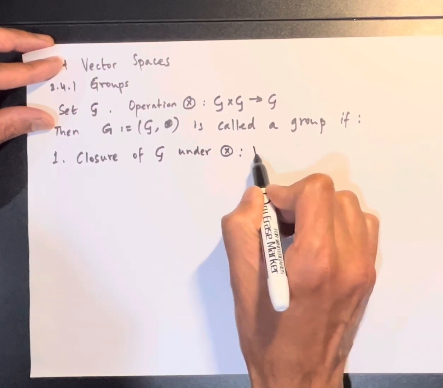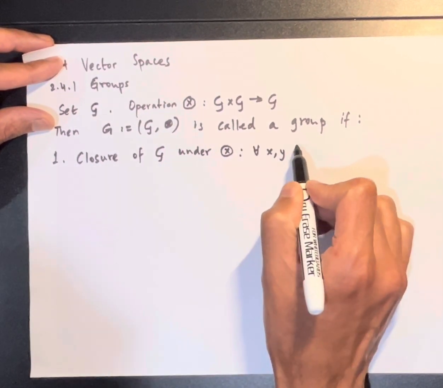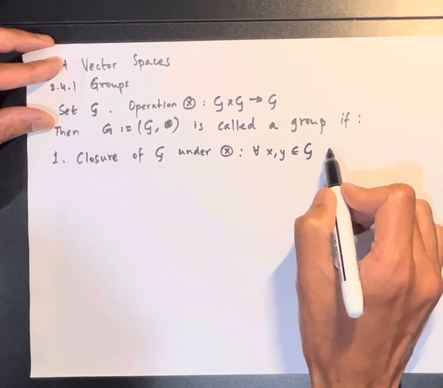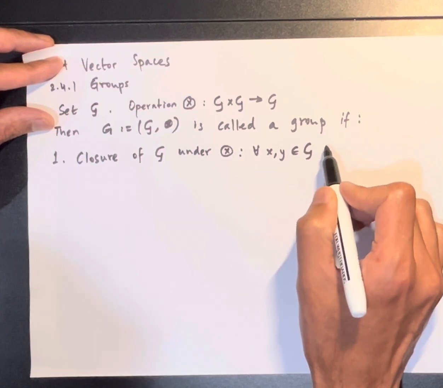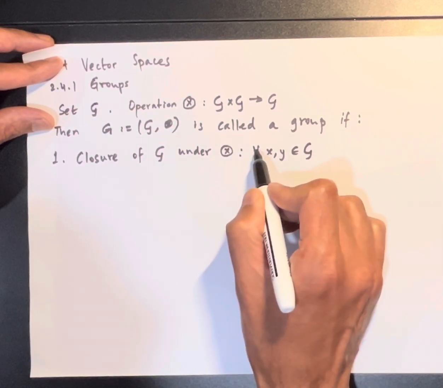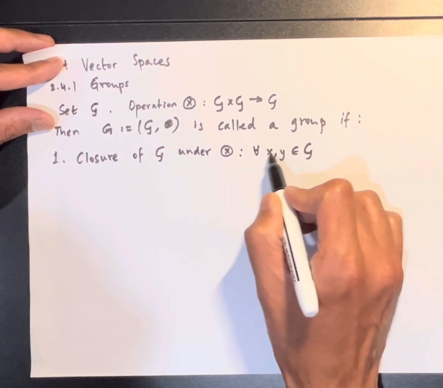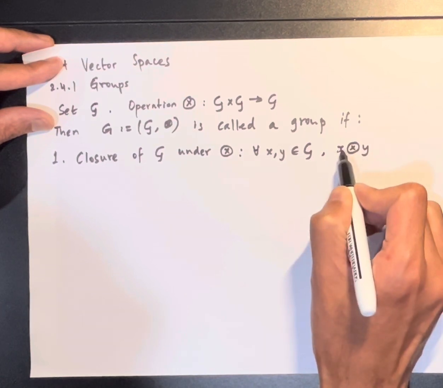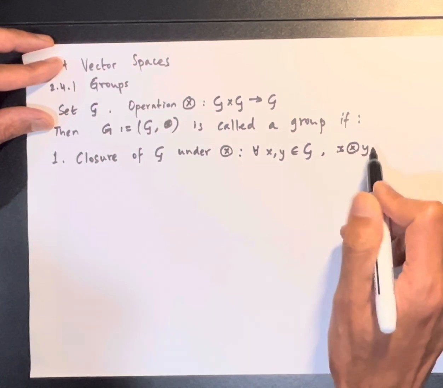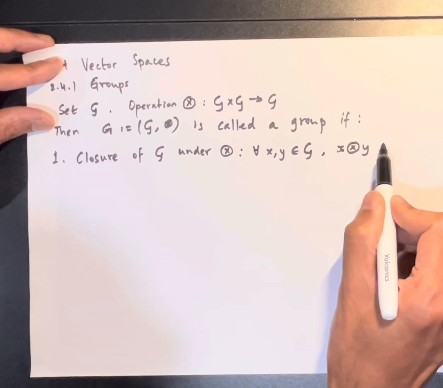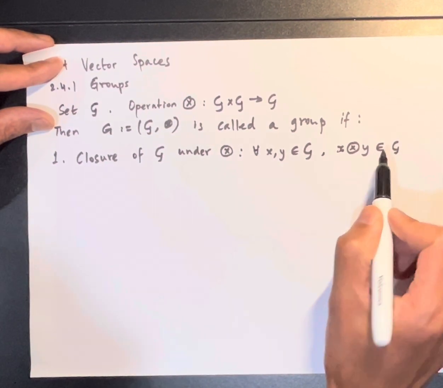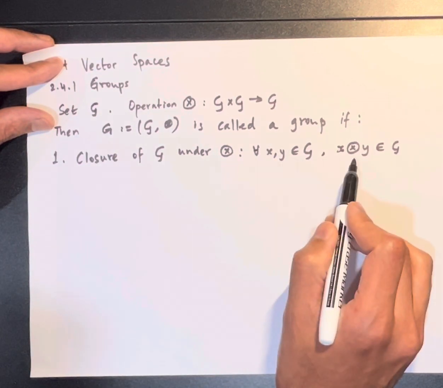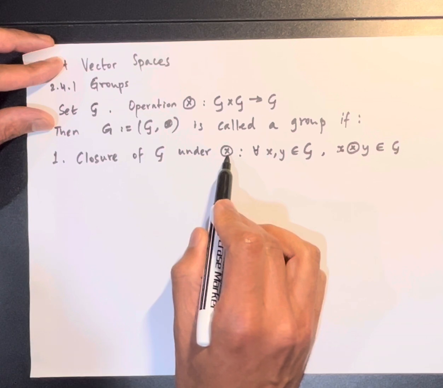It means for every x, y in G, you read it like for every x comma y in G, x and y, when they are operated by this operator, result in something, and that something, which is an element in G, also belongs to G. So that's the closure.